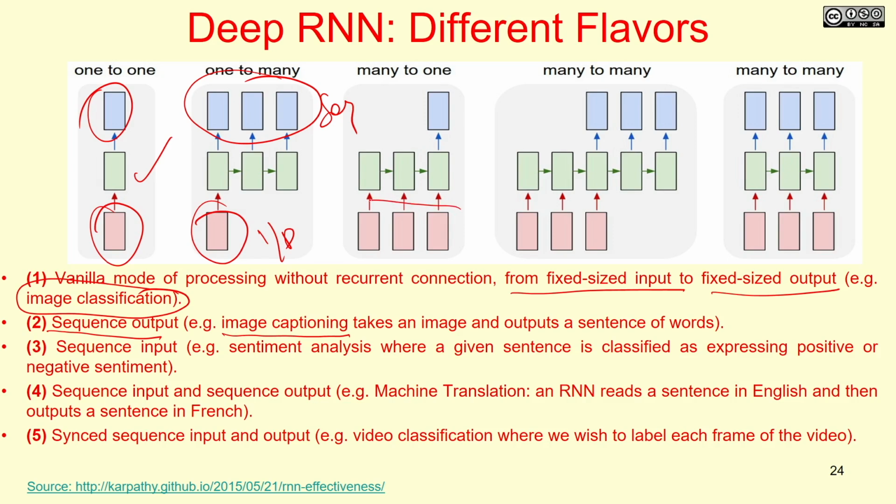And what is the third one? It is many to one, that is many inputs but only one output. It is particularly used in an application called sentiment analysis, otherwise called opinion mining. Whenever an incident has happened, there are many opinions, views or comments on a post.